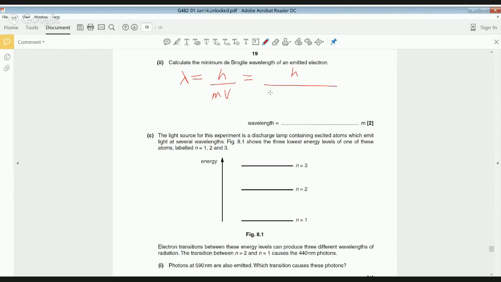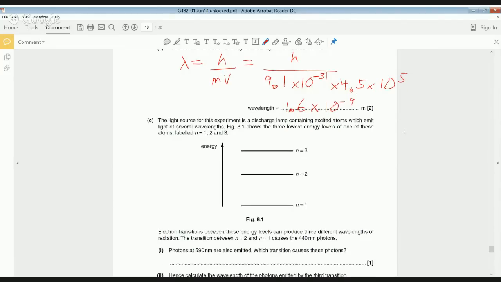Divide that by the mass of an electron, 9.1 times 10 to the minus 31, and multiplied by our speed that we've just got in the previous part, 4.5 times 10 to the power of 5. And you end up with a de Broglie wavelength that comes out as 1.6 times 10 to the minus 9 meters. So that's the effective wavelength of the electron that's been emitted.